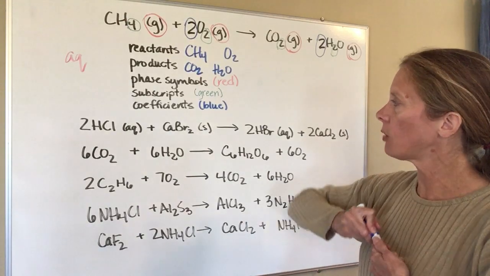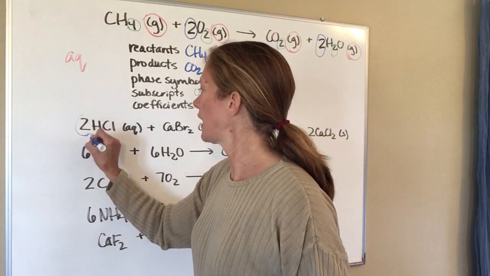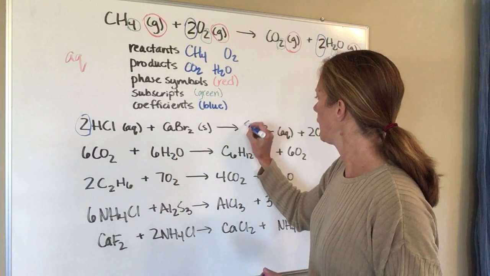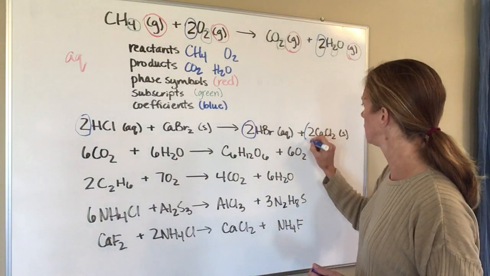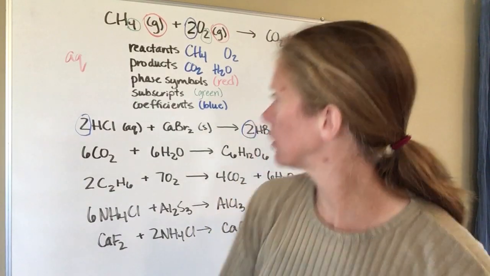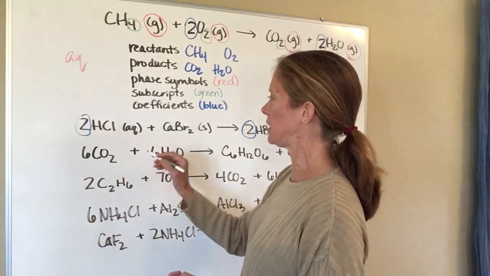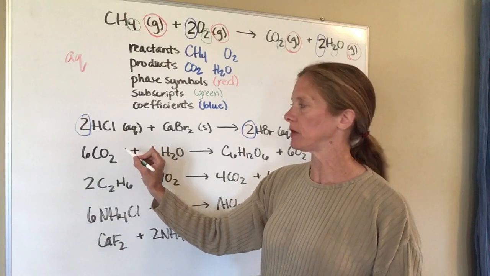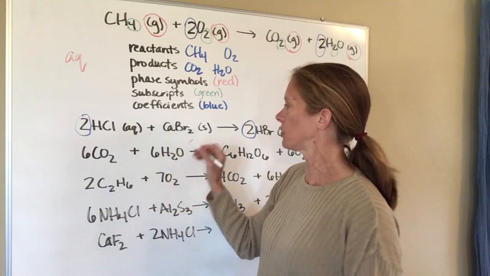If you mark your coefficients in blue, you're going to have this 2 and this 2 and this 2. If you mark your subscripts in green, there aren't any subscripts in this one. They're ones, but we don't actually write them there.